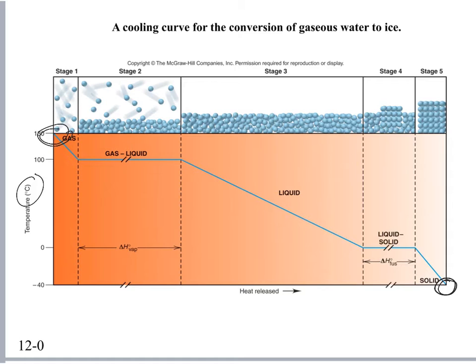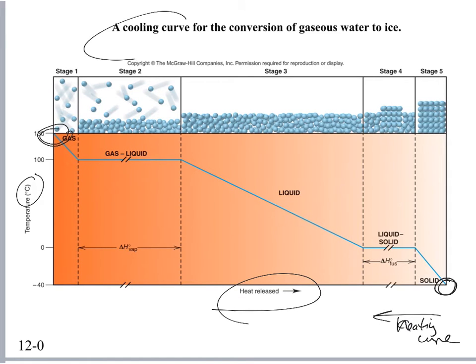This happens in 5 different processes. You need 5 different steps to calculate how much total heat is released. So they're doing this as cooling off. You could do the same thing the other way and call this a heating curve. The way that this book is done, they decided to call it a cooling curve.